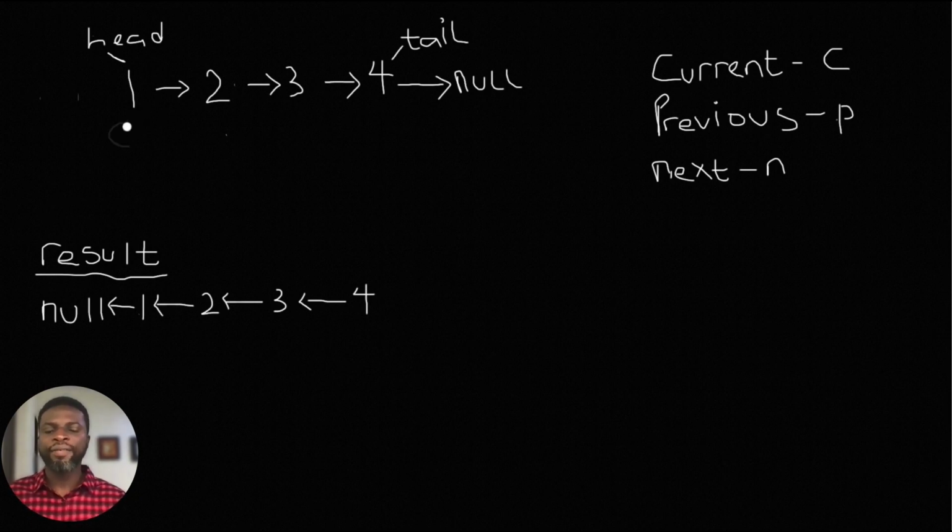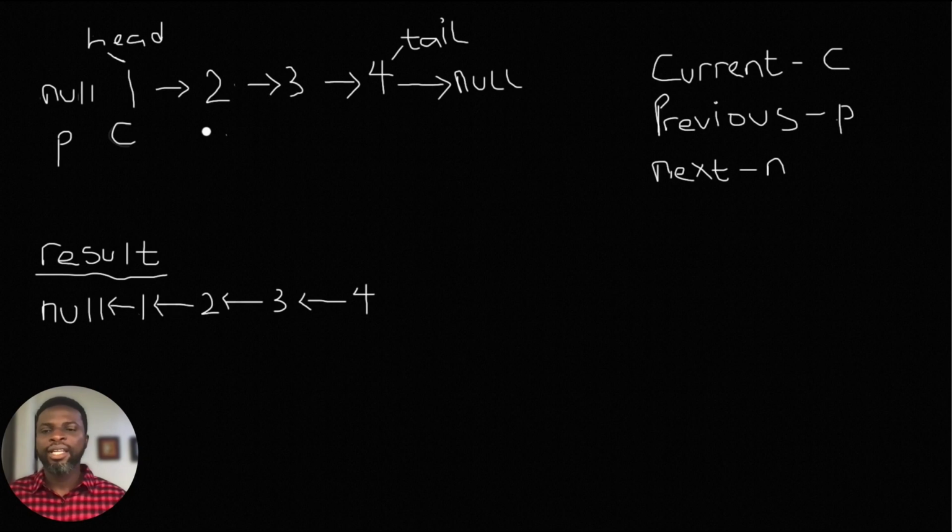Since the head is the first node in the linked list, I'll place the current pointer on the head. There is no node before the head, so I'll place null before the head, and I'll assign the previous pointer to null.